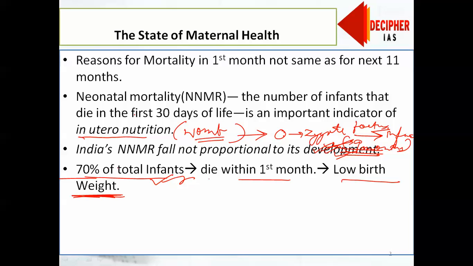Now what value do we use to define underweight? Here I should tell you that low birth weight is also due to low weight gain by the mother during pregnancy. A woman is considered to be underweight if her body mass index, or weight in kilograms divided by the square of the height in meters, is less than 18.5.